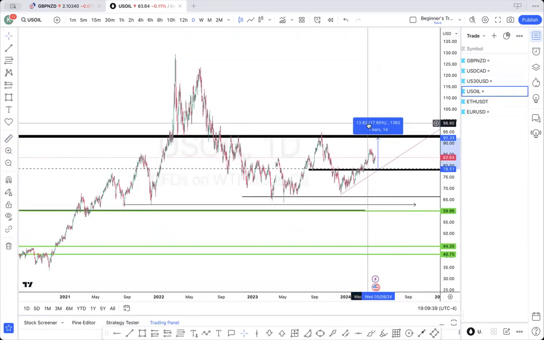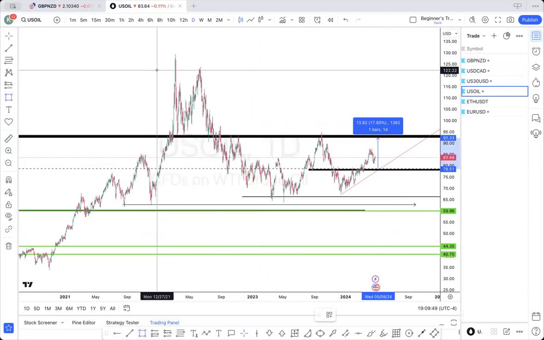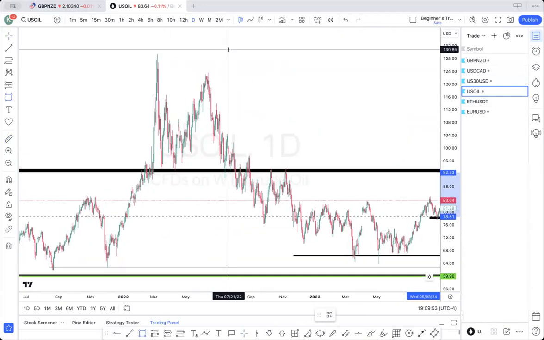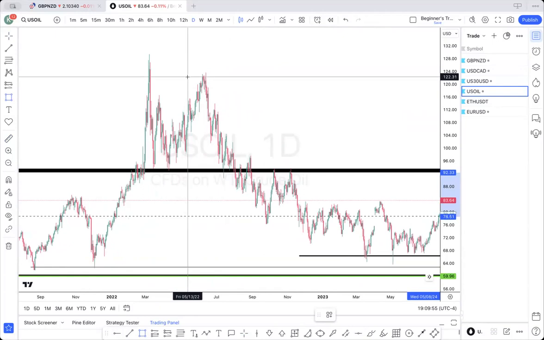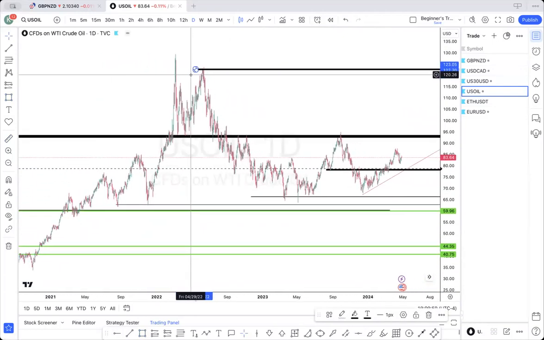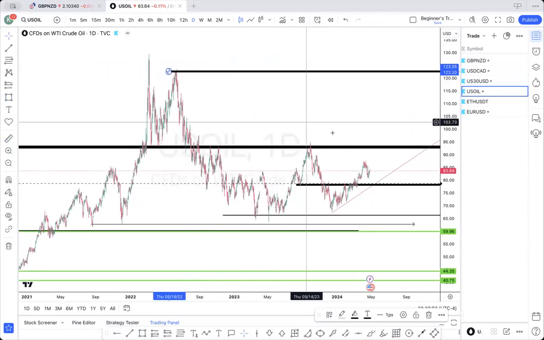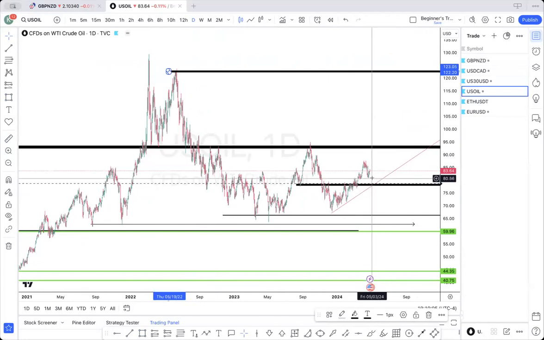I'm really waiting for price. Once price breaks this zone, you can put your money on it that it's going up to, I'm gonna just say these highs for now, right here. That's the $100 mark that Todd's been talking about.